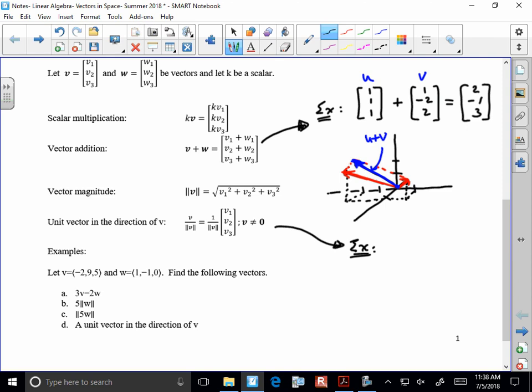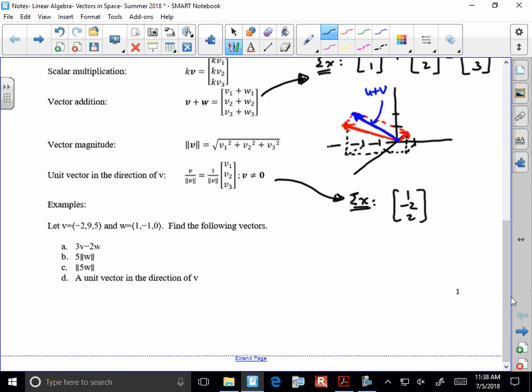I'll take my v from earlier: 1, -2, 2, because it's not too difficult to compute. Also, it's what I called vector v earlier, so why not? All right, so I'm going to find the magnitude of that. So this is v.